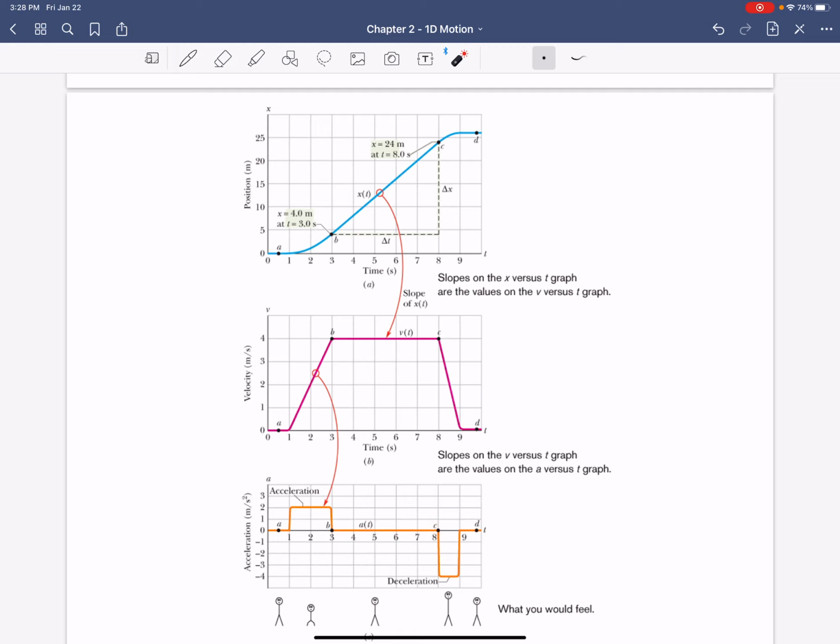And then from C to almost D, from 8 to 9 seconds, concave down, we decelerate, we slow down at a constant rate. So back down, okay? Still moving forward. Still moving forward. And I should emphasize that this graph does not show you the negative velocity half, right?